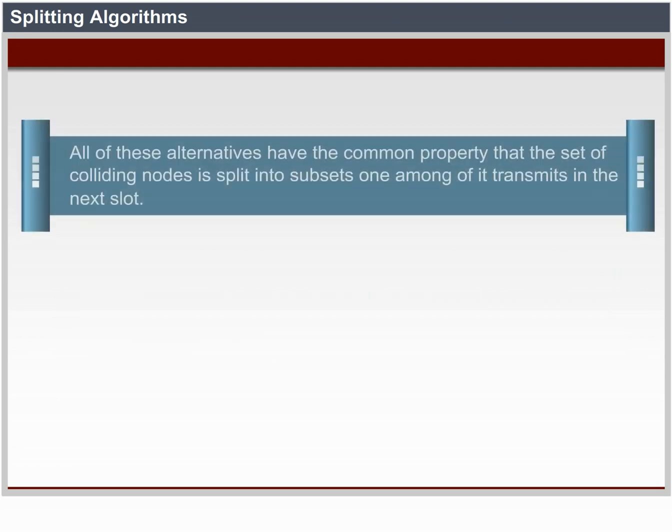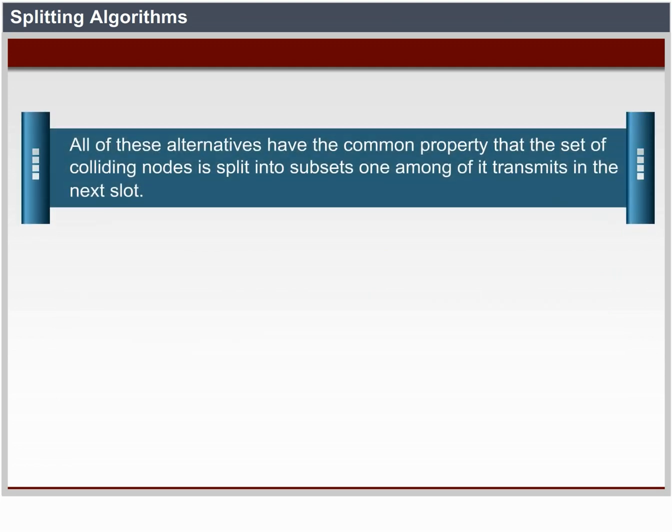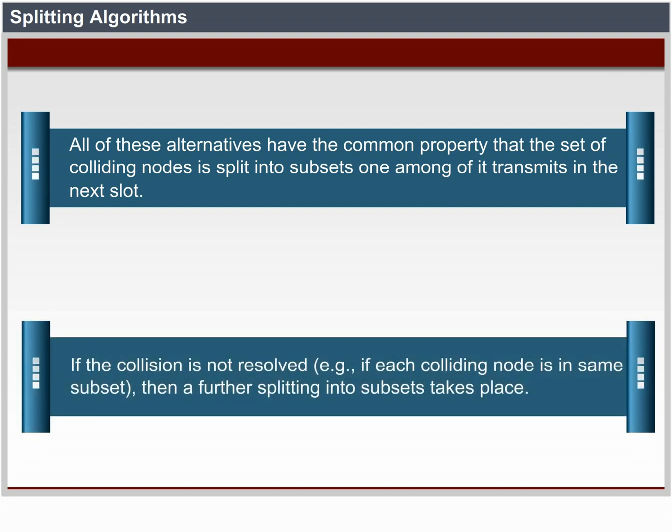All of these alternatives have the common property that the set of colliding nodes is split into subsets, one of which transmits in the next slot. If the collision is not resolved, for example, if each colliding node is in the same subset, then a further splitting into subsets takes place.